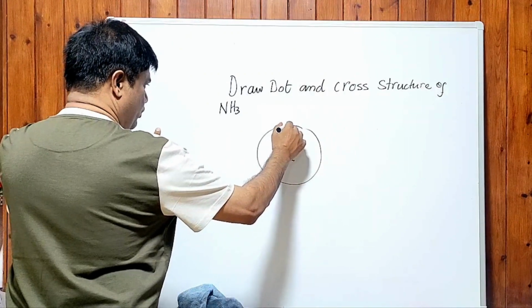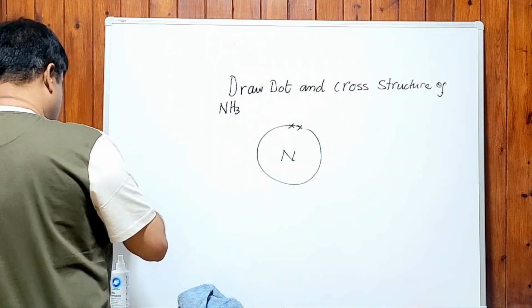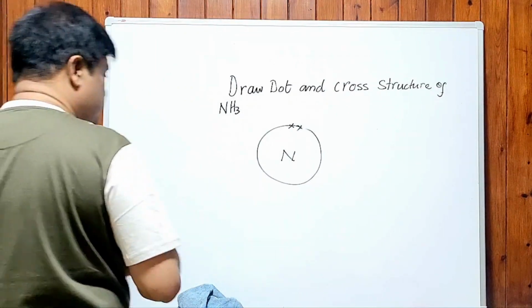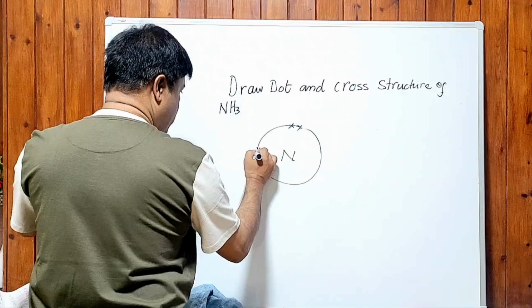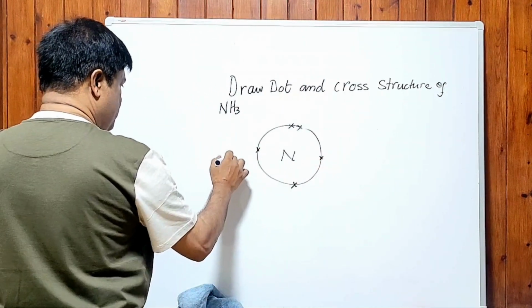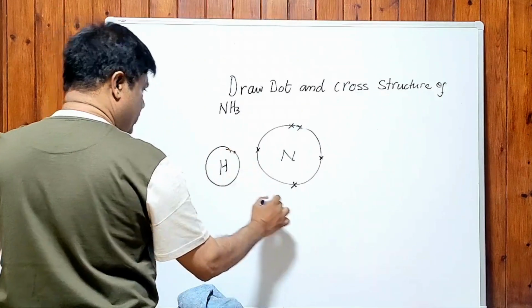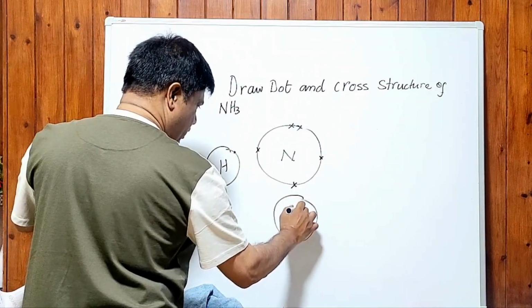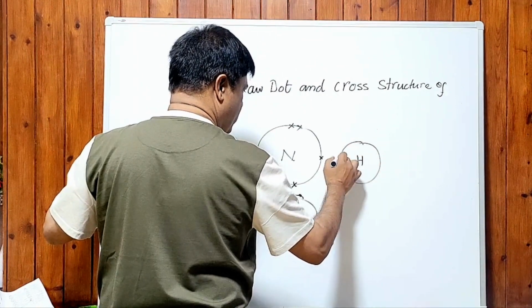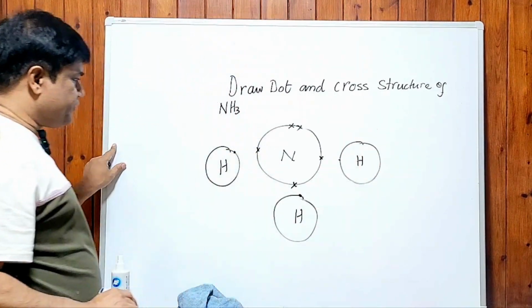Nitrogen 1, 2, 1, 2, 1, 2, 3 hydrogen. Hydrogen has only 1, and 1 here. They share each other.